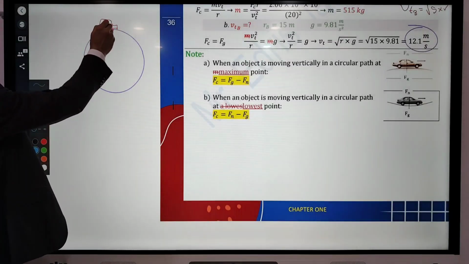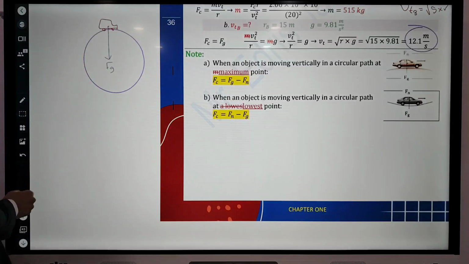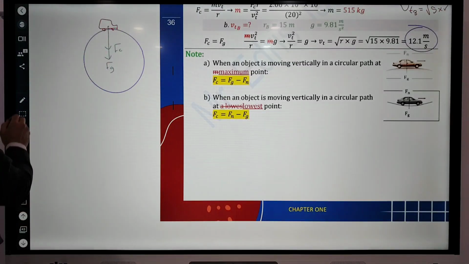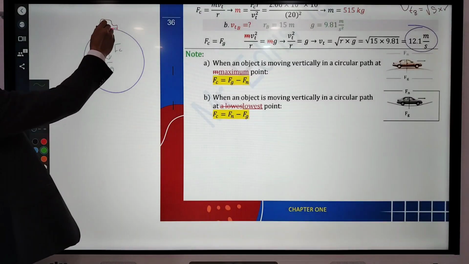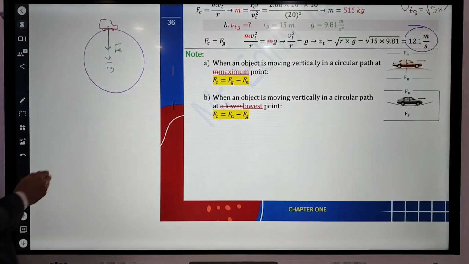The gravitational force is always directed downward toward the center. The centripetal force is also downward. This is the centripetal force, Fc.